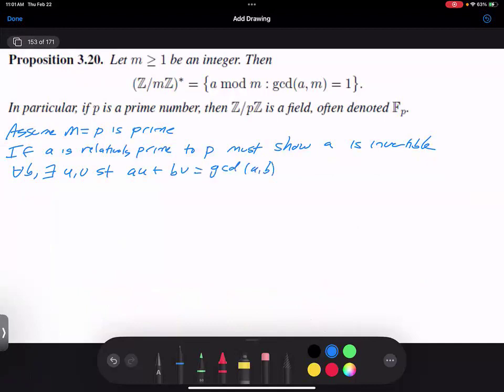Can you give me a good choice for B? Take B equals what? I can think of only four possibilities. One of them is good, three of them are not. What would be a good choice for B?